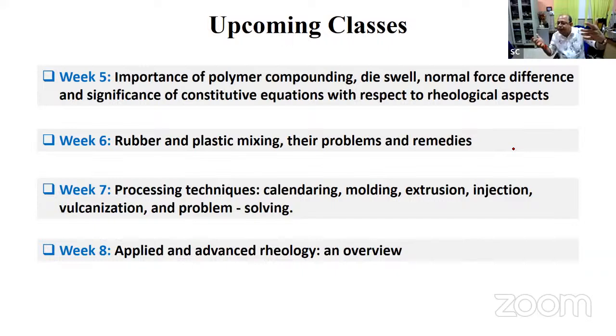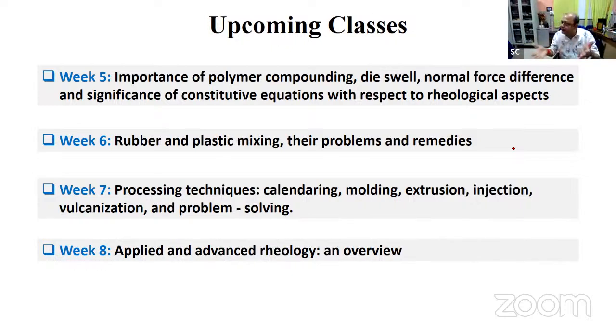See, the end question that your manager, your owner, your employer will ask is: I don't know what constitutive equation you are talking about. Give me the numbers. Give me what the die swell percent is going to be. If this equipment is such and this is the operational condition, what is going to be the surface roughness of the material?